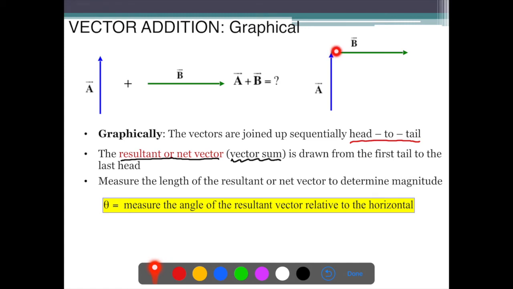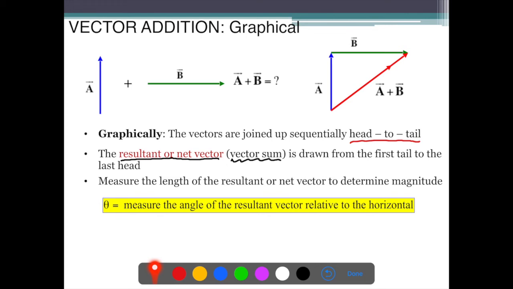The tail of the second vector starts from the head of the first vector, and vector B goes to the right, the same direction as before. The resultant or net vector is drawn from the tail of the first vector to the head of the last vector. If you draw that, you have here the resultant vector. This resultant vector gives you the overall effect of those two vectors when they're added up together.